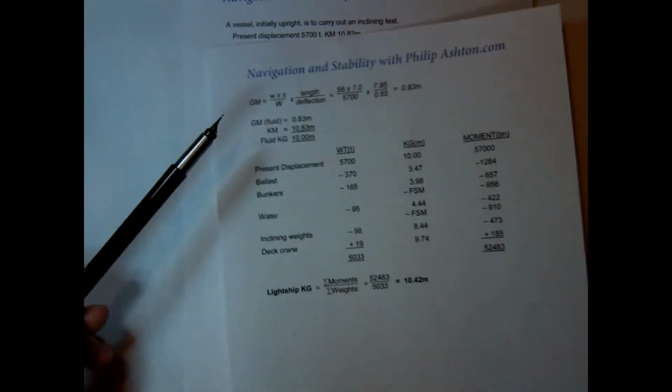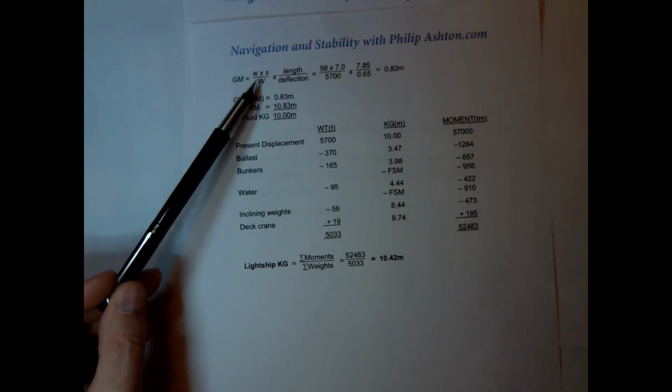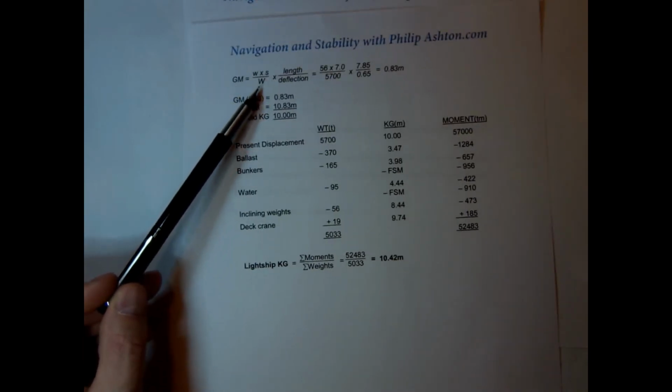But before we can draw up the weight KG moments table, of course we need our present KG. We're given our present KM, so if we can find our present GM, we can find the KG. When we go into our formula booklet, we can see that GM is w times s over W times length over deflection.